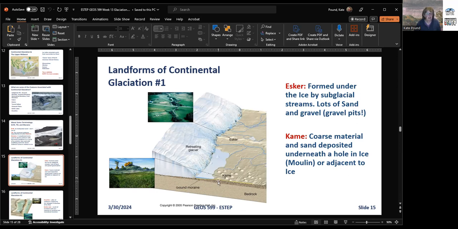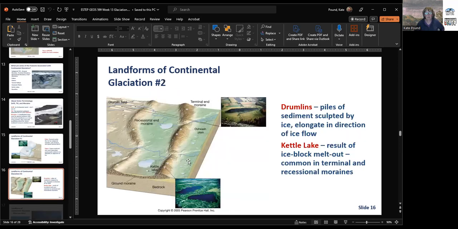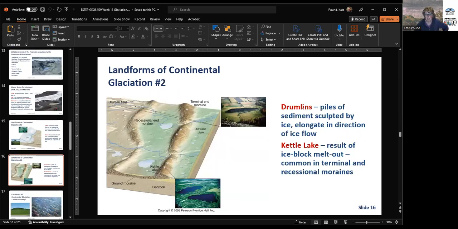So that'll be glacial sediment. We could call it till that has been deposited by the ice. Two other key features, drumlins and kettle lakes. So what are drumlins? There's an image of a drumlin right here.